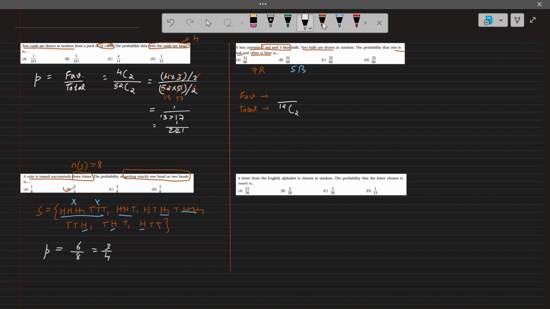We have total 7 red balls, out of which we have to select 1. Similarly, we have 5 blue balls, out of which we have to select 1. 7 into 5 becomes 35 because nC1 equals n, so 7C1 will be 7, 5C1 will be 5. 7 into 5, 35 upon 12 into 11 by 2. So value is 35 by 66. Option C is correct.